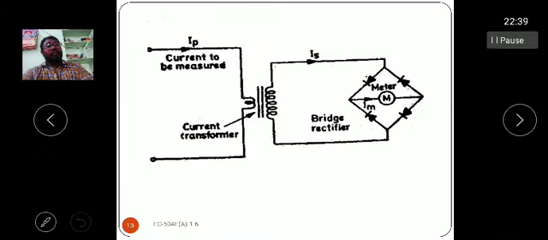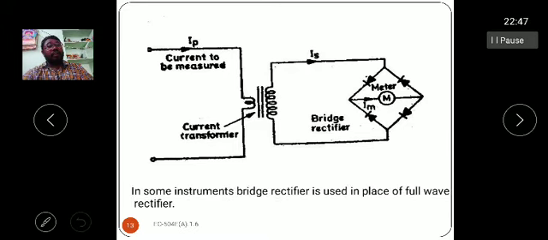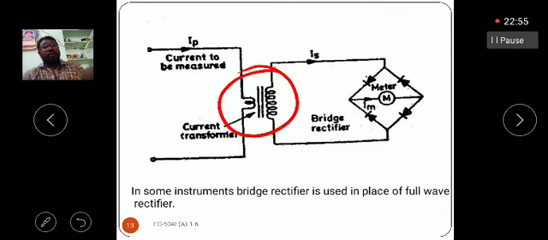And it is bridge related. Previously we observed the current to be measured, and here the full wave rectifier type voltmeter uses a bridge form in place of the full wave rectifier. Here we are using a transformer, the current to be measured. This is the bridge rectifier.